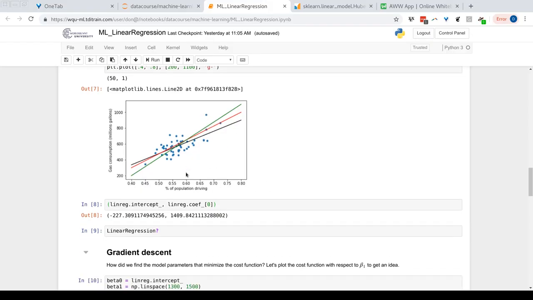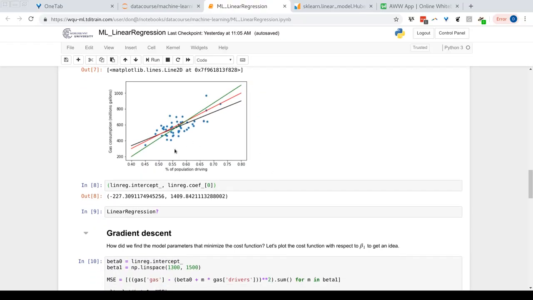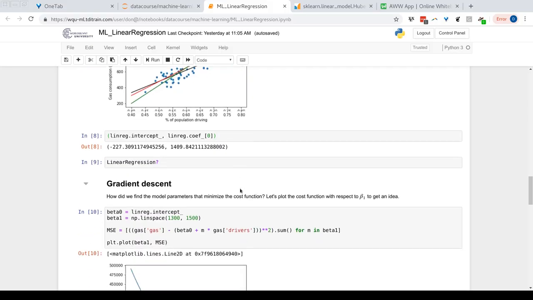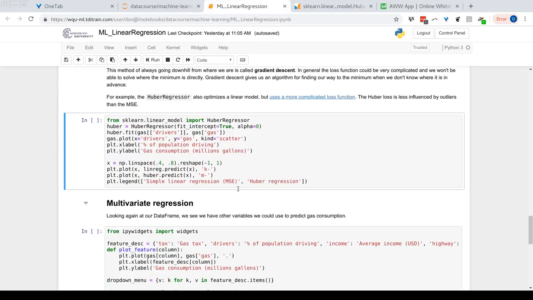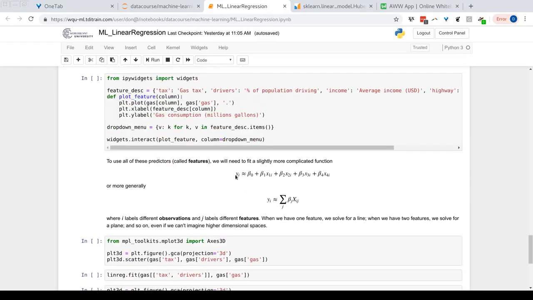Those outliers are going to influence the slope of our model because there's a large penalty. It will push the line closer to that outlier point at the cost of better fitting other points in our data set. So it has a greater influence because of that square penalty.